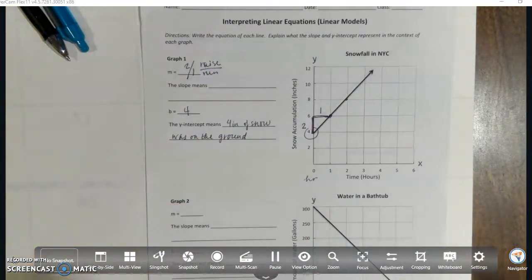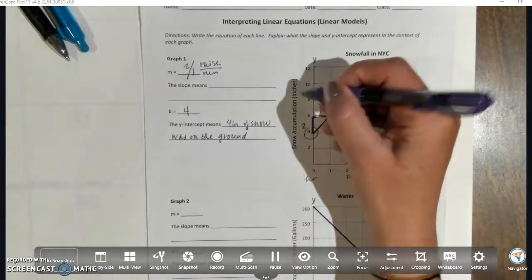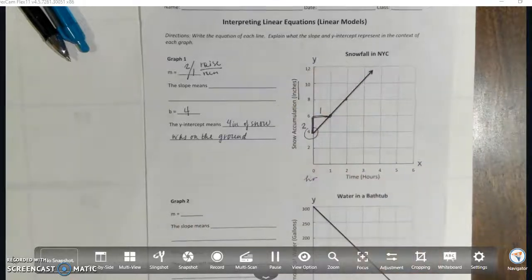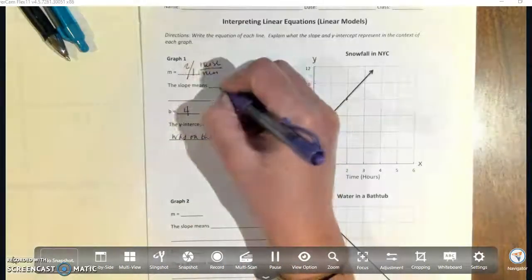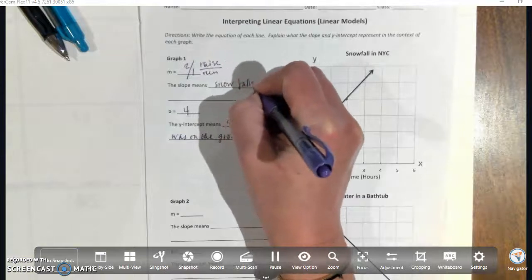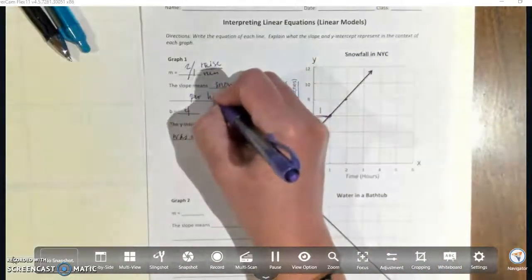So just a little bit of review here. And so what does it mean? There were 2 inches, so we're paying attention to our labels. Super important. Since we do have a real-world situation, we're not going to just say it's 2 over 1, or it's 2. What does this mean? Snow falls 2 inches per hour.